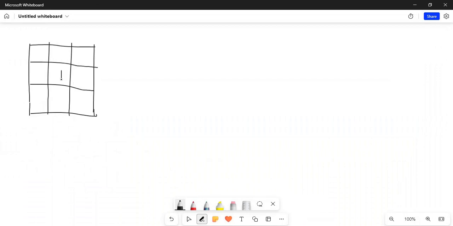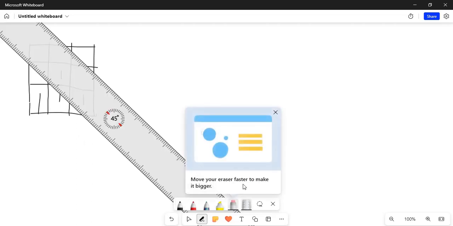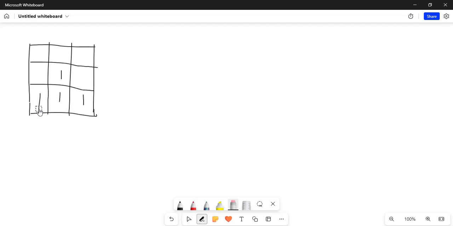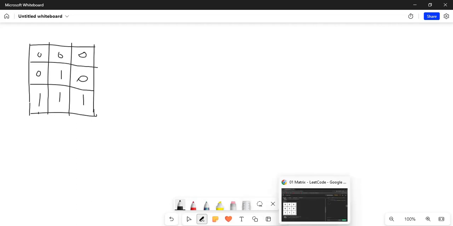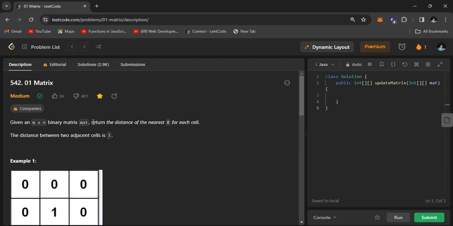It is 1 1 1 1, 0 0 0 0 and 0. You have to find the nearest 0 cell. What is the question? Return the distance of the nearest zero from each cell.